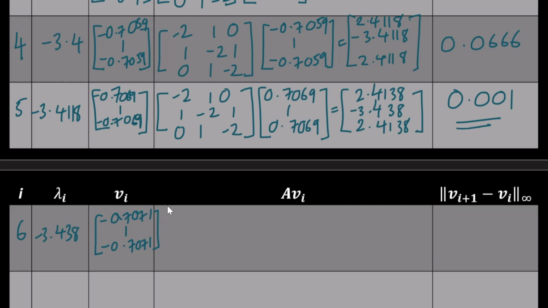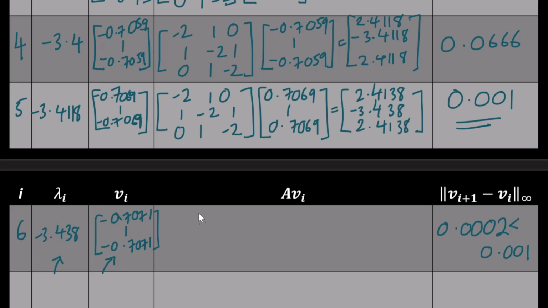So the absolute value of this value minus this value is 0.0002. So this value is less than the stopping criteria, which is 0.001, which means this would be the largest eigenvalue, or the dominant eigenvalue, and this would be the corresponding eigenvector.